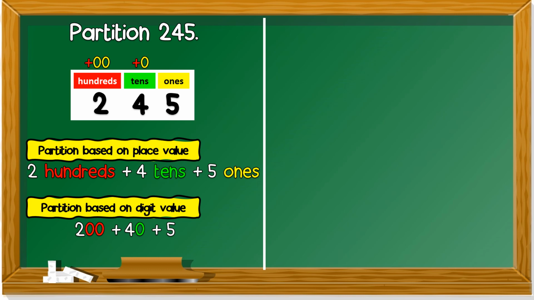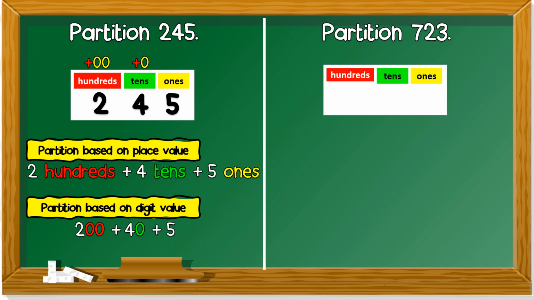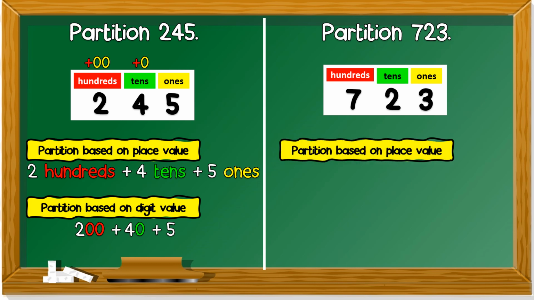Let's take a look at another example. Partition 723. First thing first, table. Put the numbers into the table. When we partition based on place value, it's 7 hundreds plus 2 tens plus 3 ones.